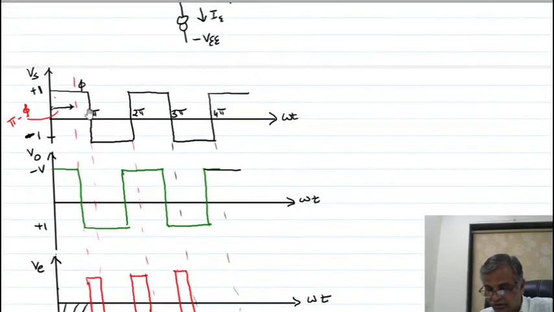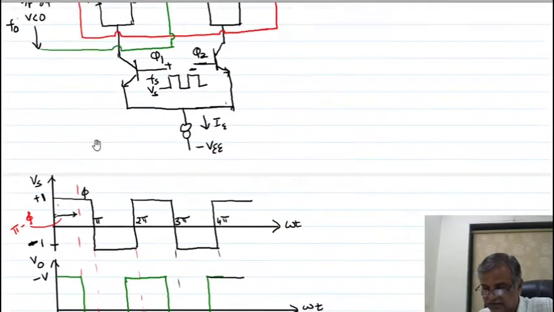Now during this phi, Vs is positive, which means it is given to Q1, and Vo is negative and is given to Q3. So Vs is positive, and transistor Q1 will conduct.